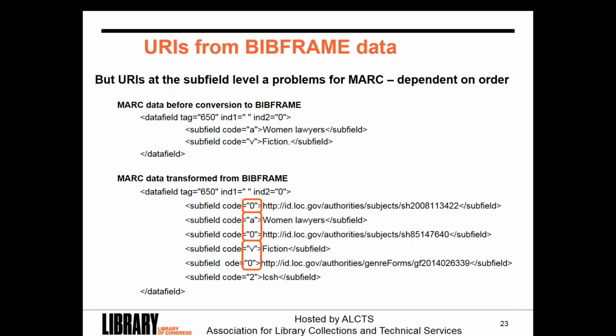So this is because we're tied to trying to keep them in the same order so that we can know which URI goes with which label when we get into the MARC. And because we don't have the ability to put URIs at the subfield level.